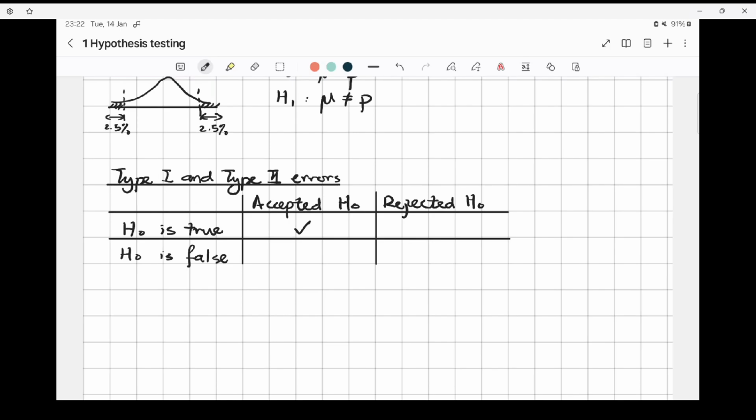But if H naught is true and you rejected H naught, this is what we call the type 1 error. And usually we also call this false positive. So now if you have a false H naught and you accepted it, this is what we call the type 2 error, and this is sometimes also called the false negative.